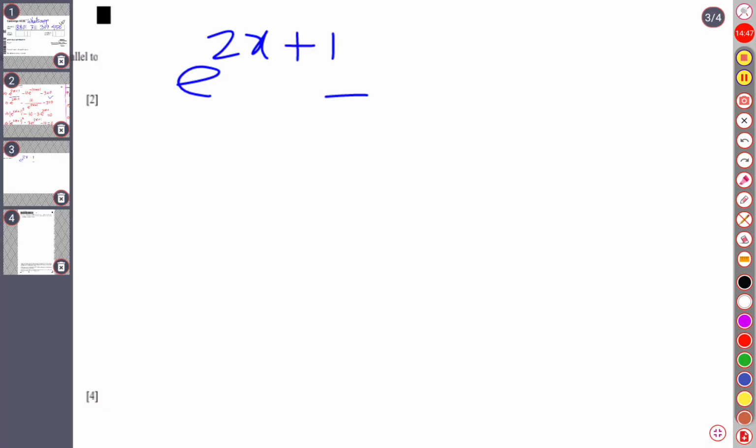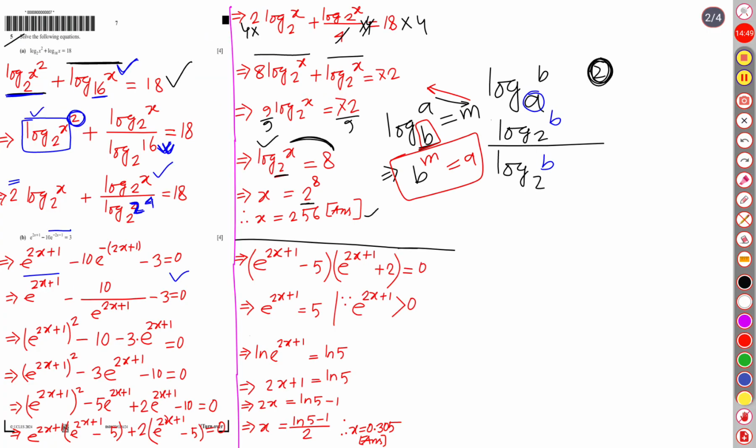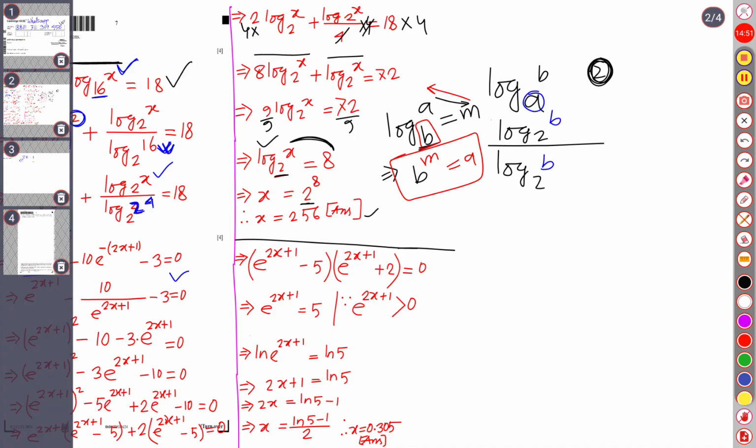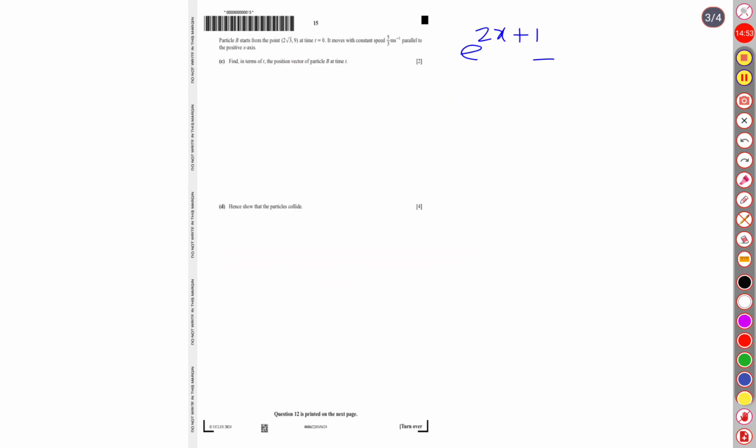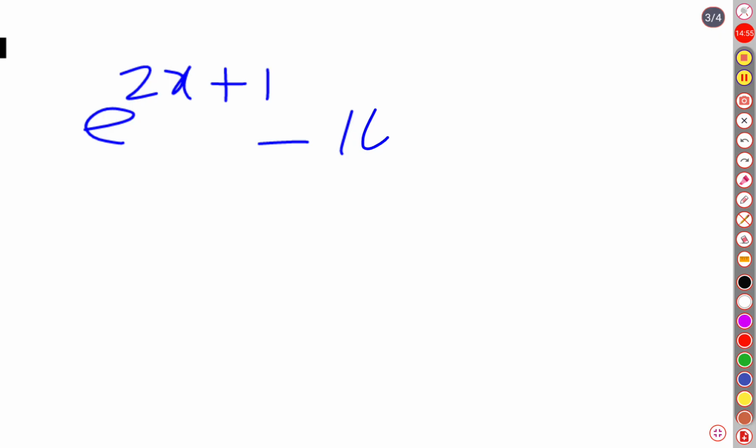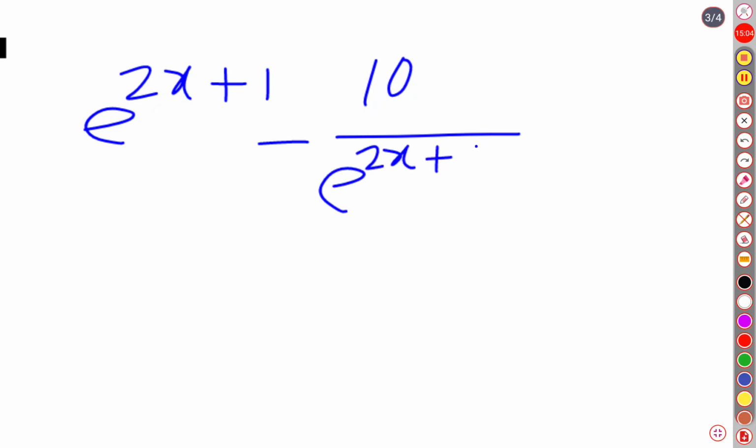Let us see. It was actually minus. So this is minus 10 over e raised to 2x plus 1, minus 3 equal to 0.